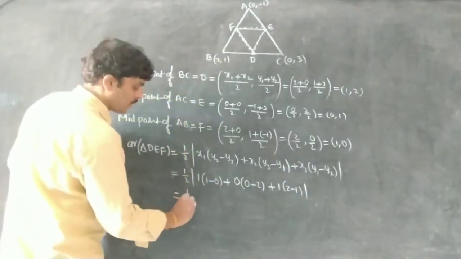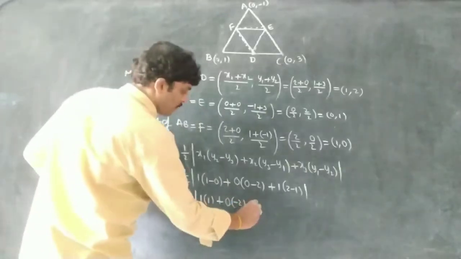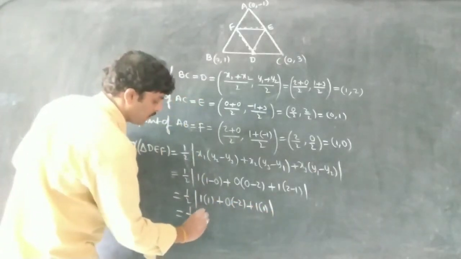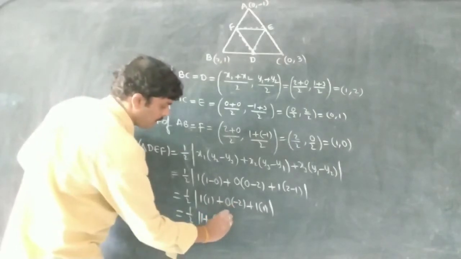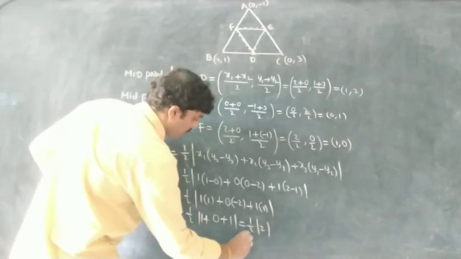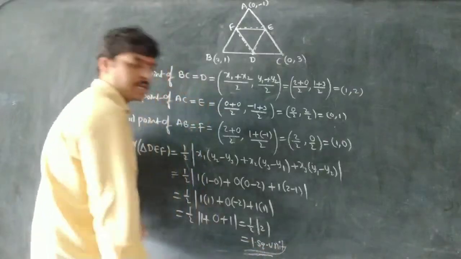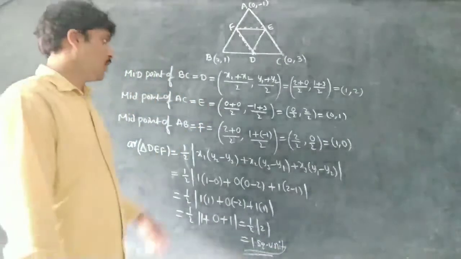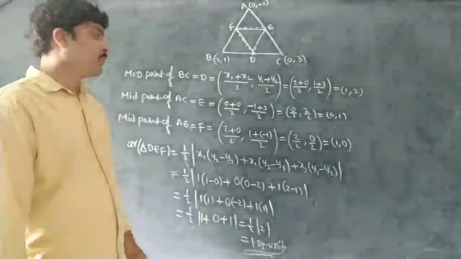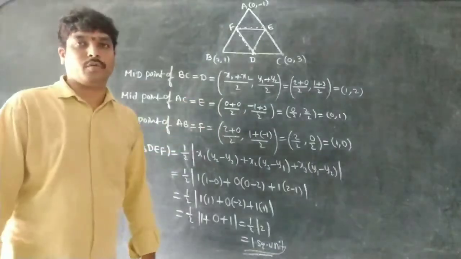Now that is 1 by 2, 1 into 1, 0 into minus 2, 1 into 1. 1 into 1 is 1 plus 0 plus 1. That is equal to half modulus 2. 2 cancel, final answer is 1 square unit. This is area of triangle DEF. Midpoints are joined by a line, forming a triangle. Next, we can find big triangle ABC. After that, the ratio of the two we can find.